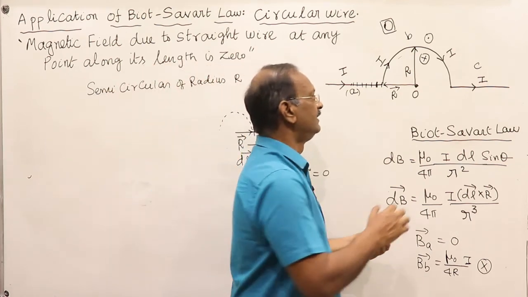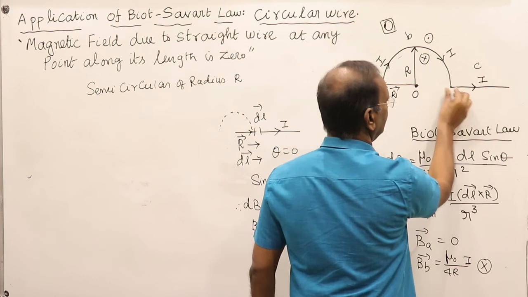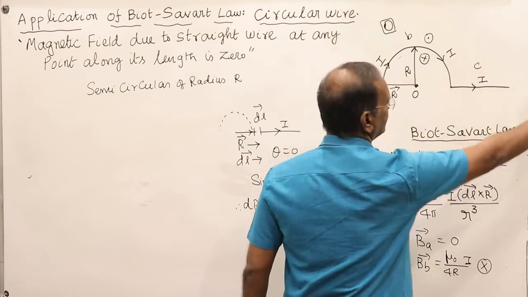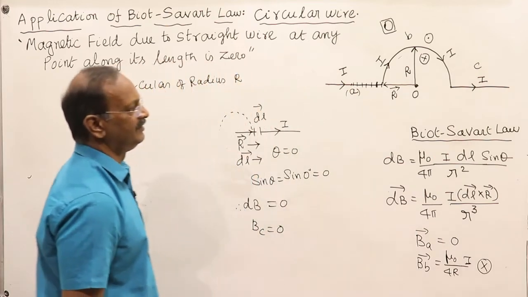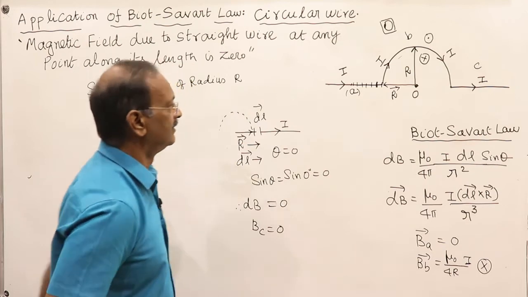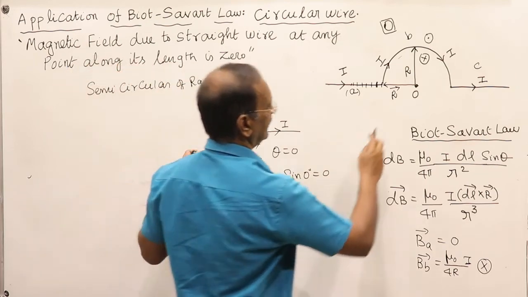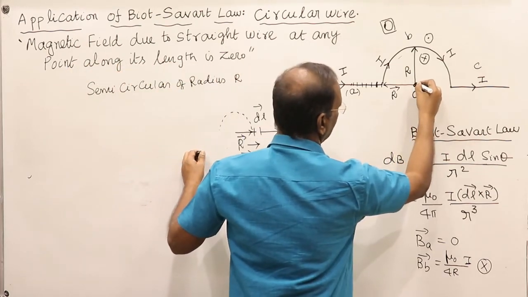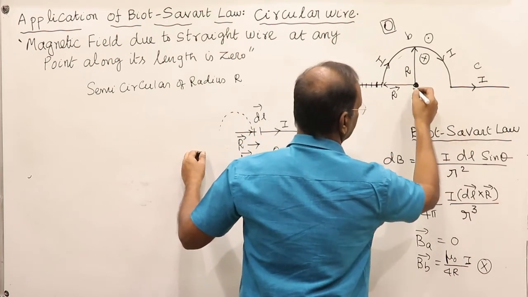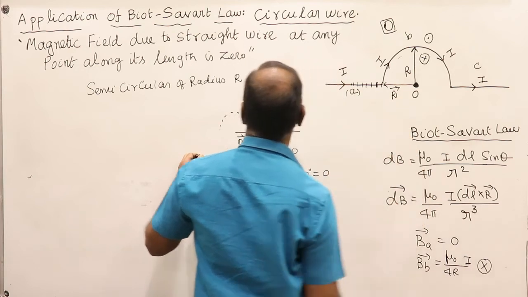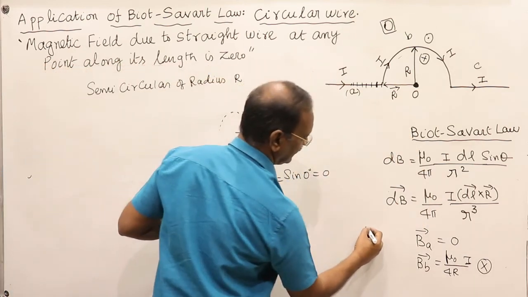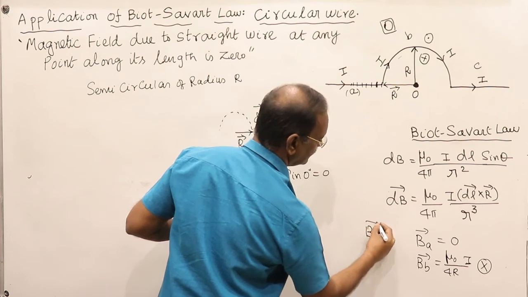This portion produces 0 magnetic field at O, this portion also produces 0, so the entire length is producing 0 magnetic field at the center O of the semicircle. We are asked to find the magnetic field due to this portion at this point, so BC is equal to 0.